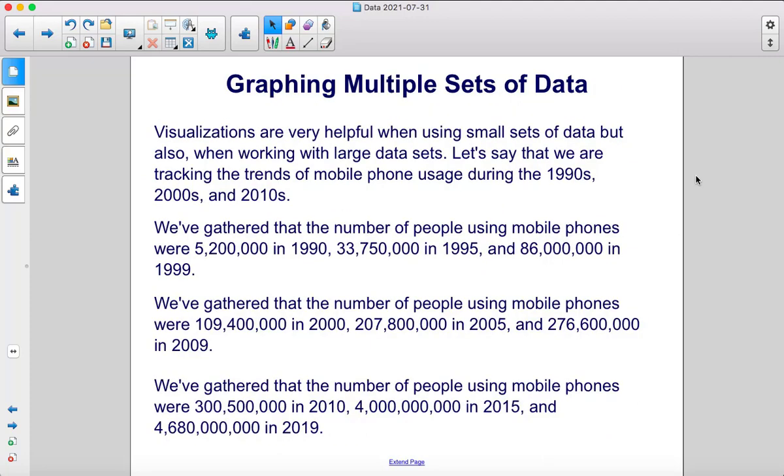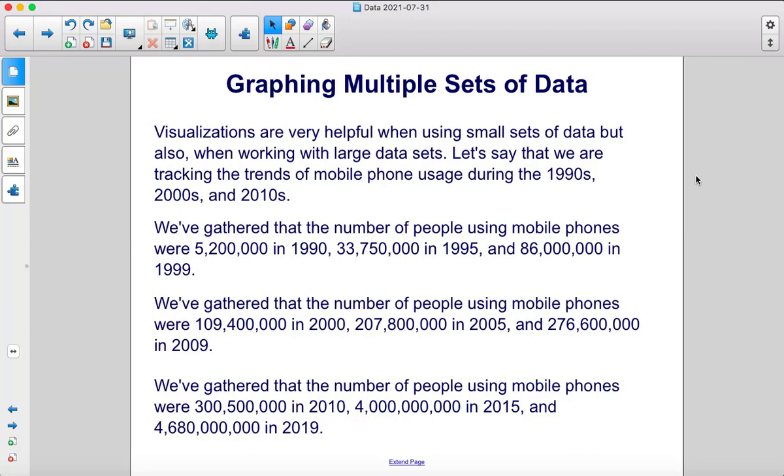Visualizations are very helpful when using small sets of data, but also when working with large data sets. Let's say that we're tracking the trends of mobile phone usage during the 1990s, 2000s, and 2010s. We've gathered that the number of people using mobile phones were 5,200,000 in 1990, 33,750,000 in 1995, and 86 million in 1999.